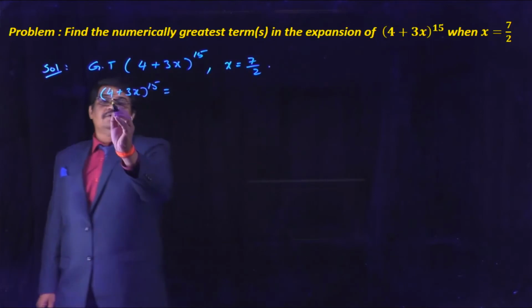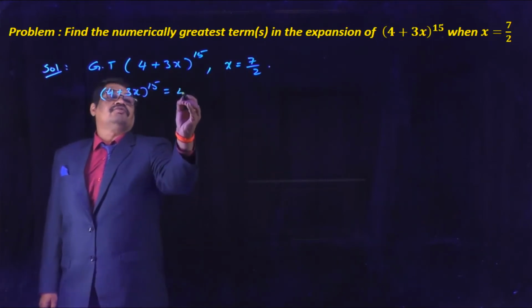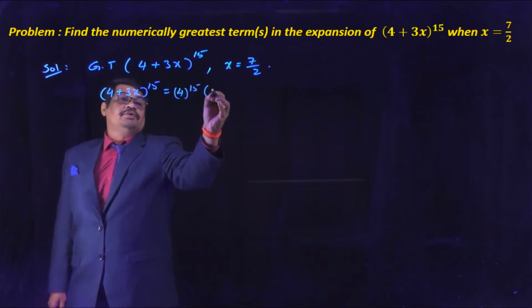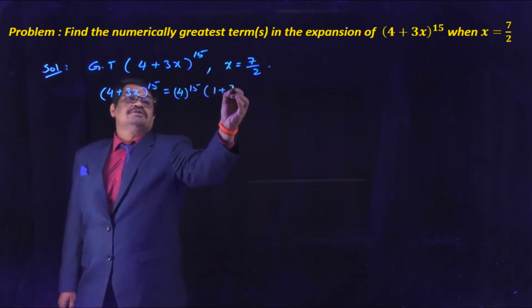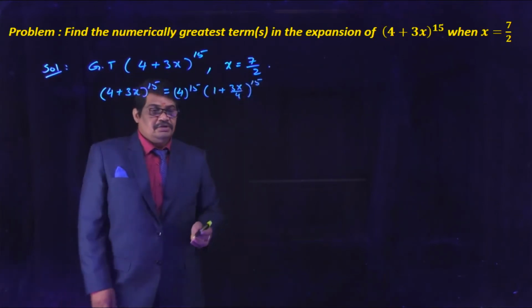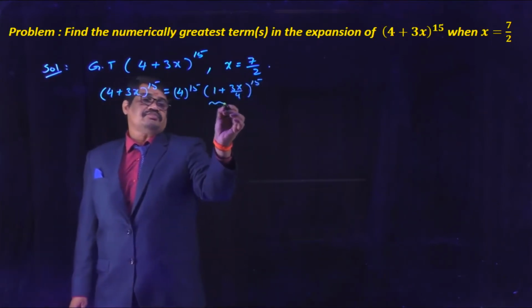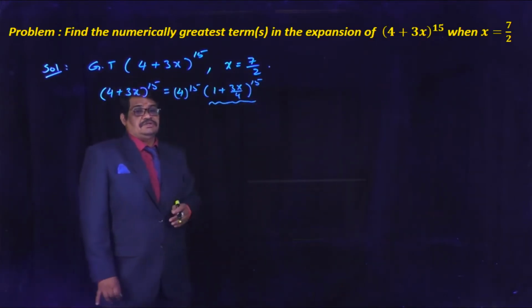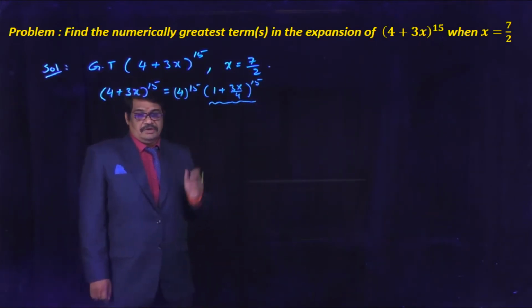So taking 4 common, we get 4^15 into (1 + 3x/4)^15. Now this is the expression in the standard binomial form, (1 + x)^n.